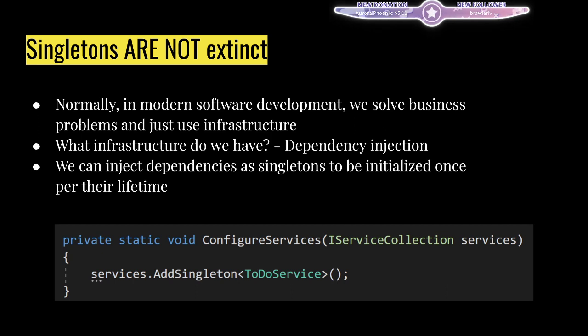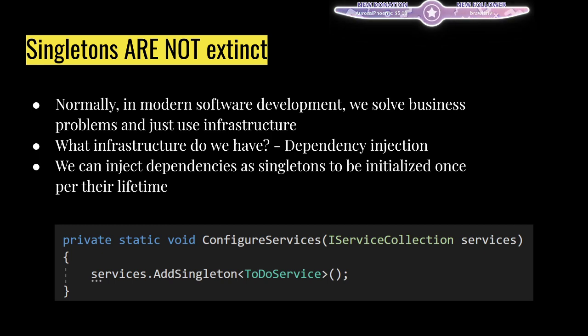And actually, the infrastructure of the lifetime of our instances is managed by dependency injection containers, inversion of control containers. So in .NET Core, you would do it through IServiceCollection, and IServiceCollection allows us to add singleton. So we register a dependency as a singleton. It's as simple as that.